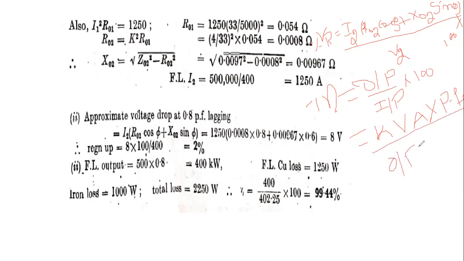That is output plus total losses. What is the total losses? That is iron losses plus copper losses. Iron losses means the wattmeter reading from the OC test, and copper losses means the wattmeter reading from the SC test. We remember those formulas and then we easily calculate the percentage voltage regulation and efficiency. Understand?